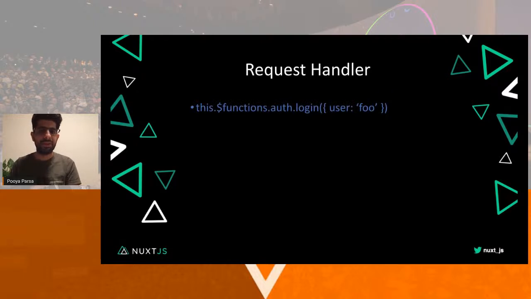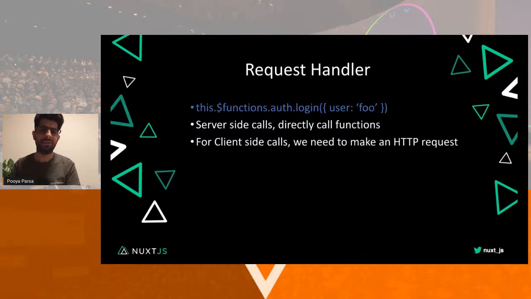So when we call these functions, login for example, on the client side, obviously for server side it is a direct function call, but for client side we need to make an HTTP request, which is kind of challenging for us right now, because for making this HTTP request you need an endpoint first of all, which has to respond to this request.